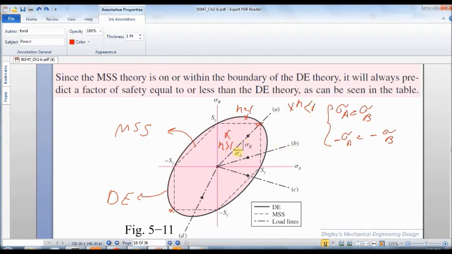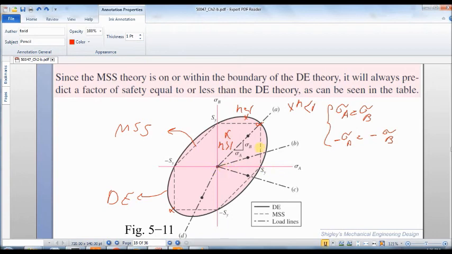So any point inside the region is greater than 1, any point on the border of the region has safety factor equal to 1, and any point outside the border of the region has safety factor less than 1.